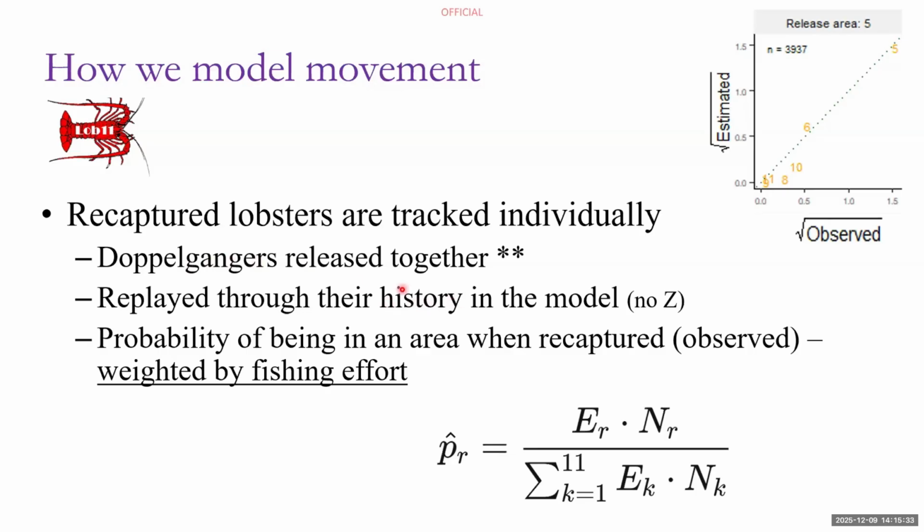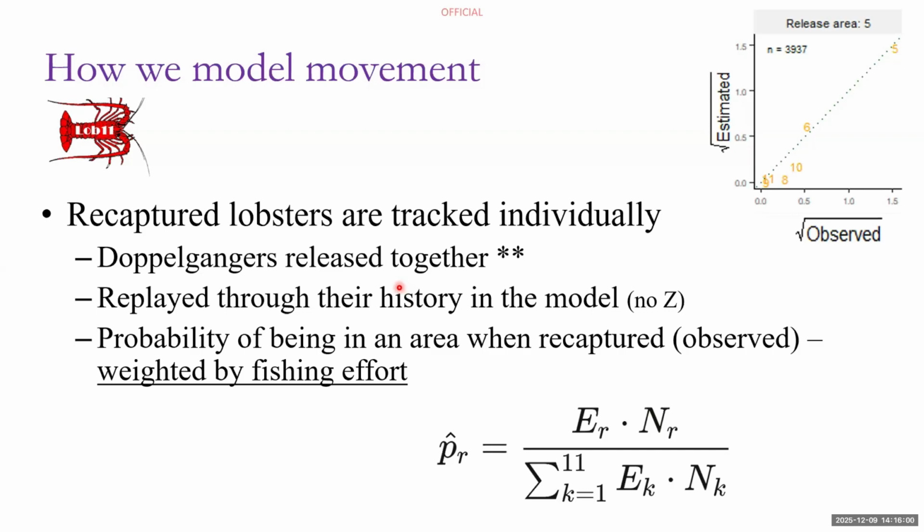In this model, Blob 11, and in IMOL, we're not applying Z to the released animals. In another model we've done, we were applying Z because we were trying to use the tag capture data to actually estimate biomass, and it worked out quite well, but it's a lot more complex.